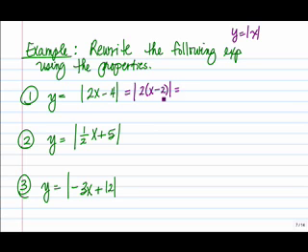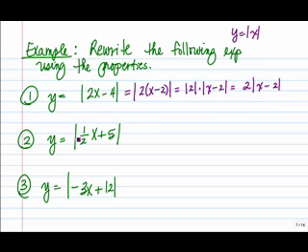Well, because now I have a factor that's equivalent to the absolute value of 2 times the absolute value of x minus 2. But the absolute value of 2 is 2, so it's 2 times the absolute value of x minus 2. So we would know that this is a vertical stretch by a factor of 2 and a shifting of the absolute value function right 2 units.